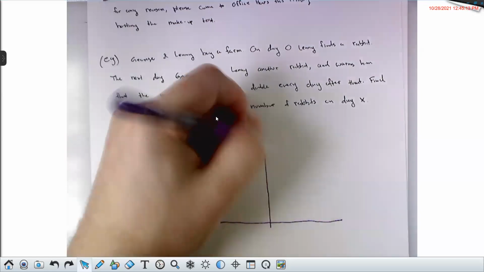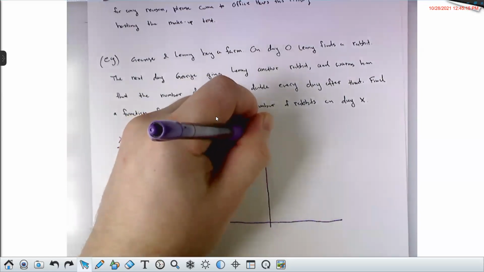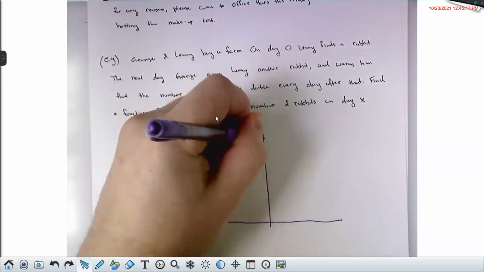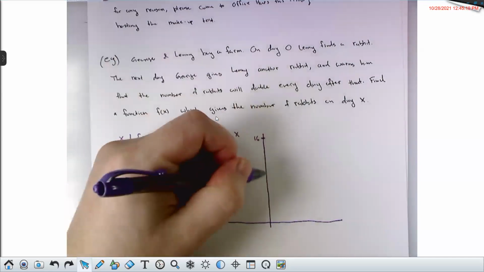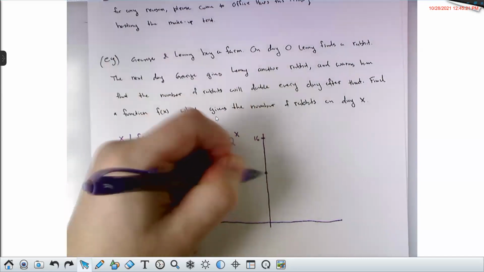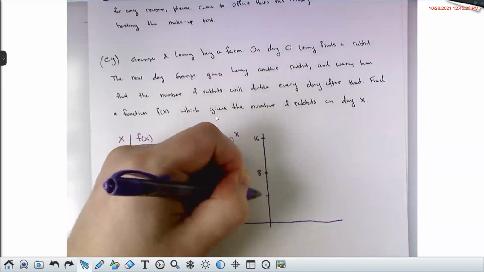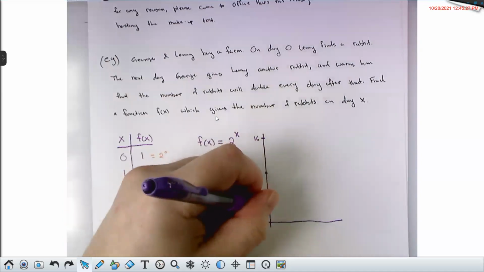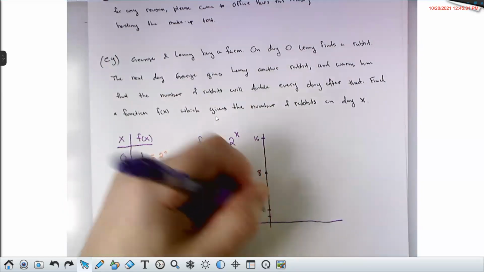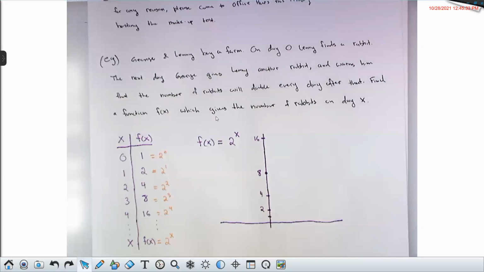My outputs go as high as 16, so let me come up here and call this 16. Halfway to that would be 8. Halfway to that would be 4. Halfway to that would be 2. Halfway to that would be 1. I'm not going to label the 1. And then let me put some x values in here.